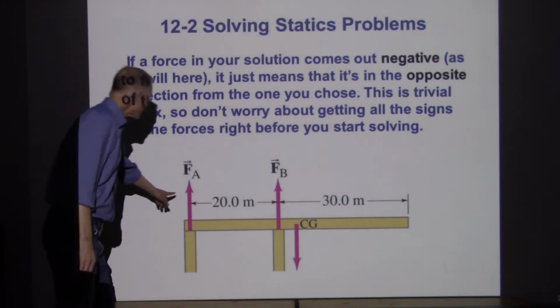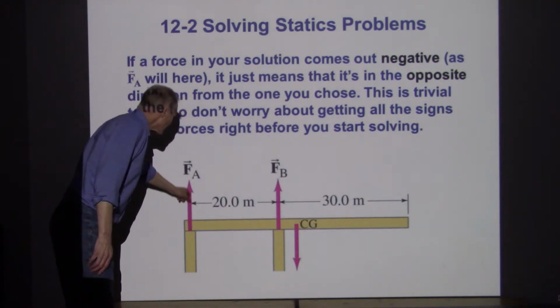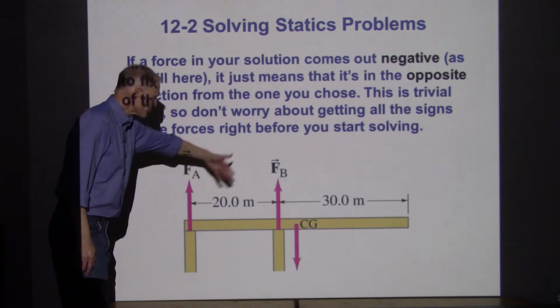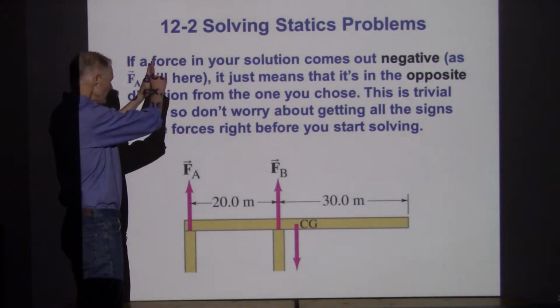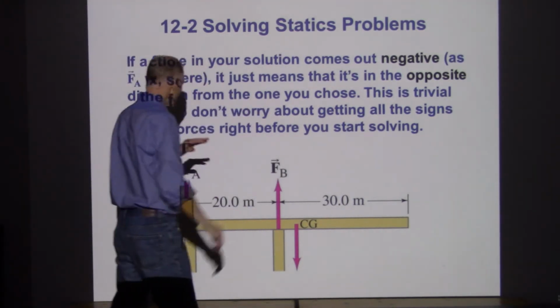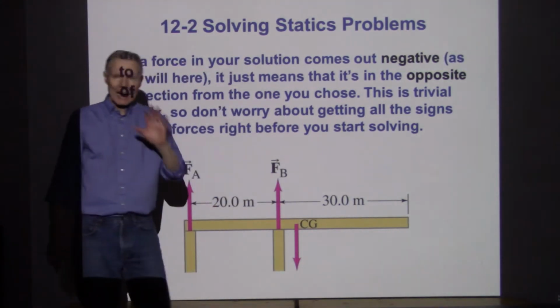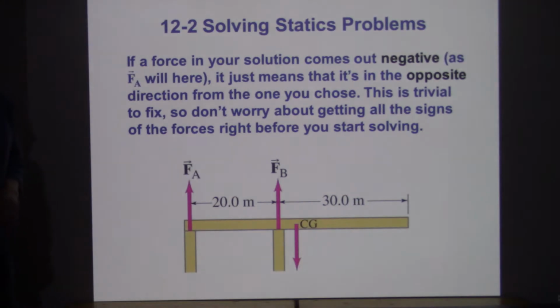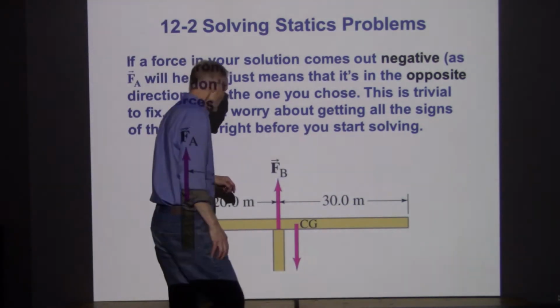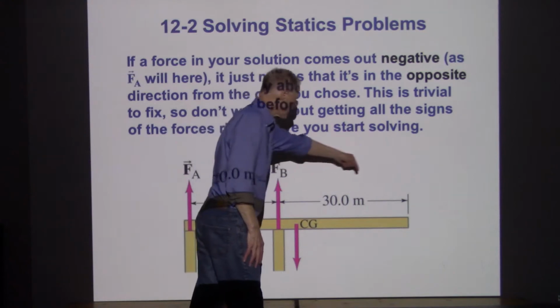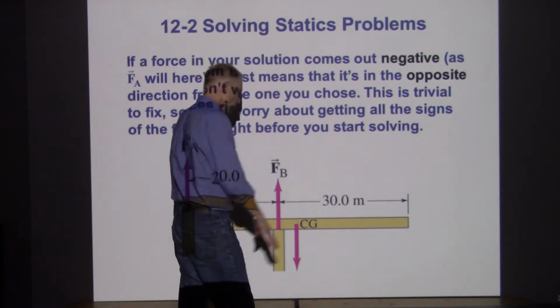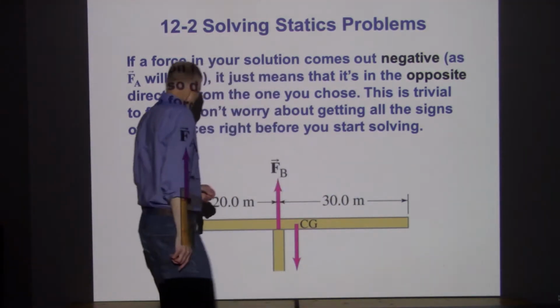Now at first you might think that this point right here is supporting this structure, so it's lifting up here, but that's not going to be true if the center of gravity is out beyond that support. So maybe this is an observation deck looking out over the edge of the Grand Canyon or something. And if that's it, then 30 meters out, that's a long way to walk over the Grand Canyon.